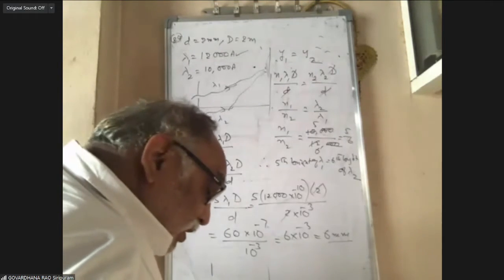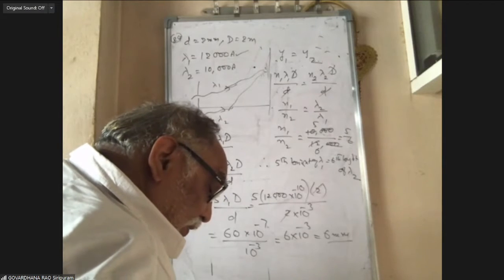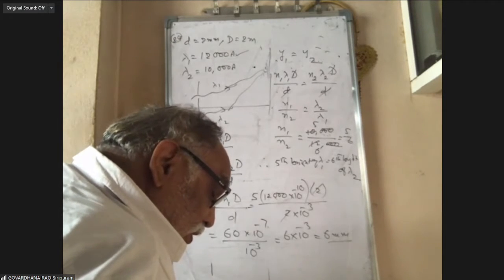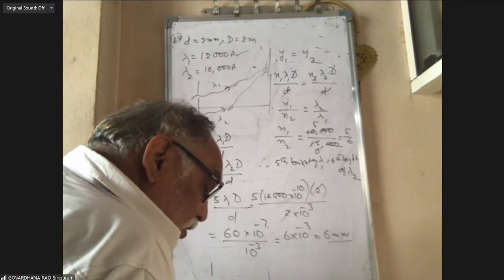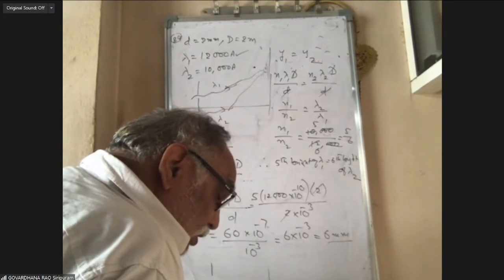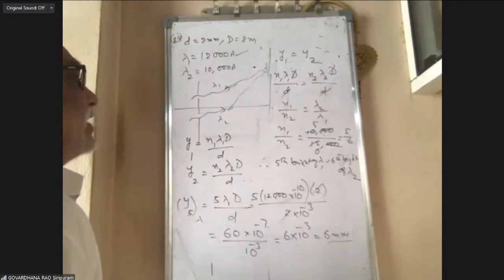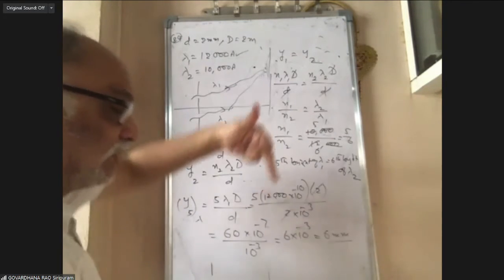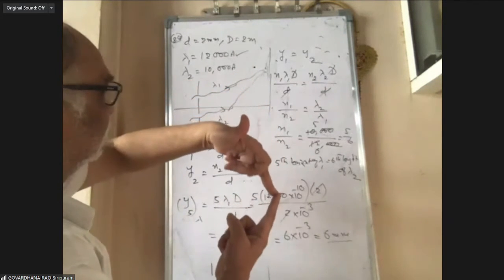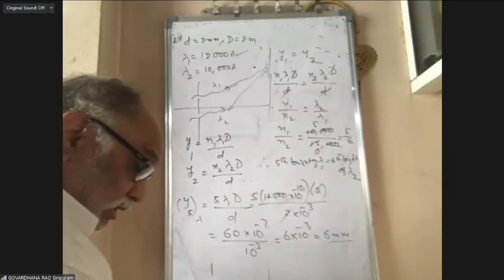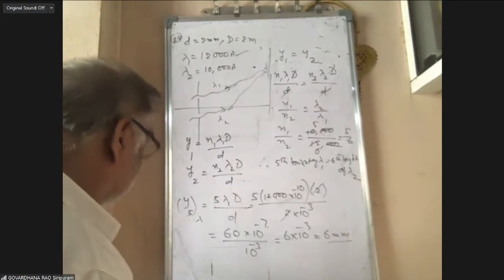The minimum distance we took for the fifth bright fringe of lambda 1 is 6 mm, so we can get the sixth as well. At that point where the two coincide, both the bright fringes will coincide. Yes, I got it.